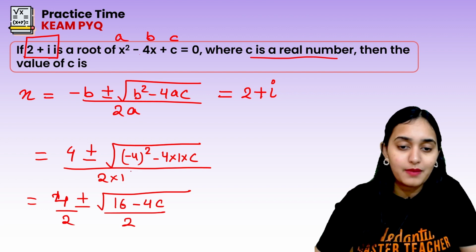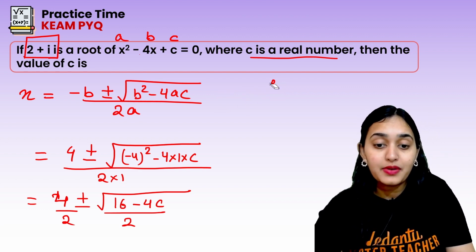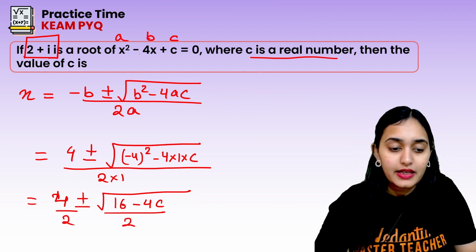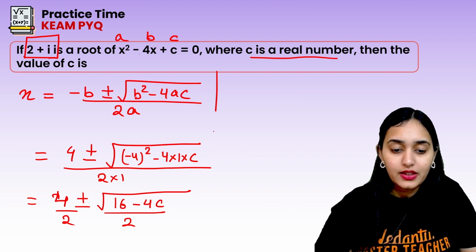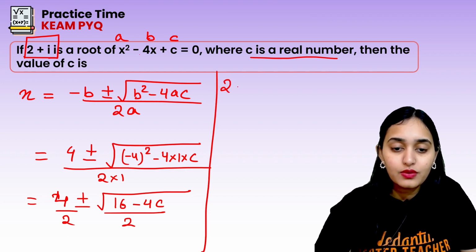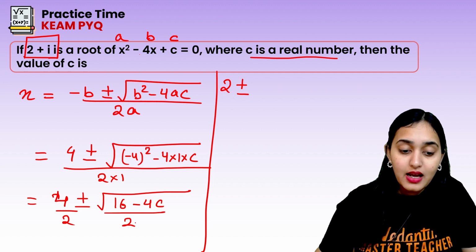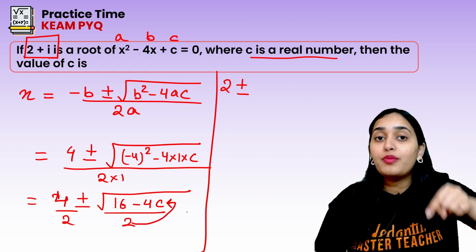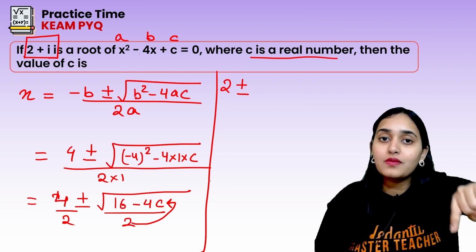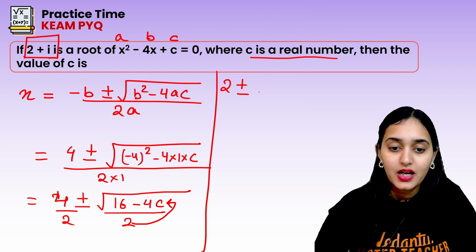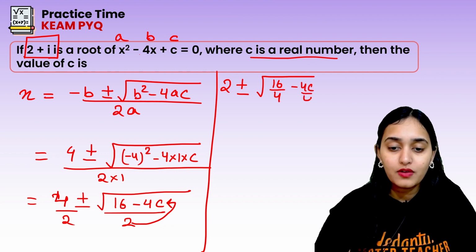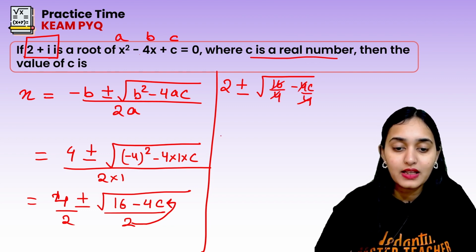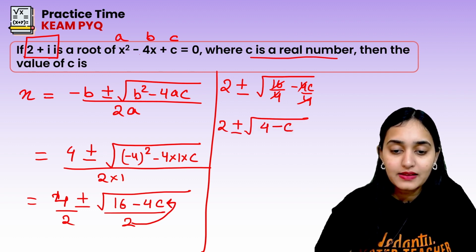I am just separating it. I will show you why. Now you divide, what will you get? 4 by 2 is 2. 2 plus minus. Now let's bring this 2 inside the square root. If you bring 2 inside the square root, it becomes 2 square, that is 4. So this will be square root of 16 upon 4 minus 4c upon 4. 4 cancel, 4 is 16. So 2 plus minus square root of 4 minus c.